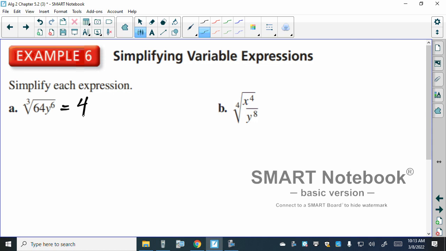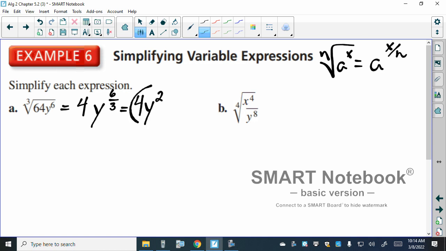Now we need to take the third root of y to the 6th, which, if we rewrote it as a fractional exponent, because the nth root of a to the x is equal to a to the x over n, is y to the 6/3, or we can just say y squared.